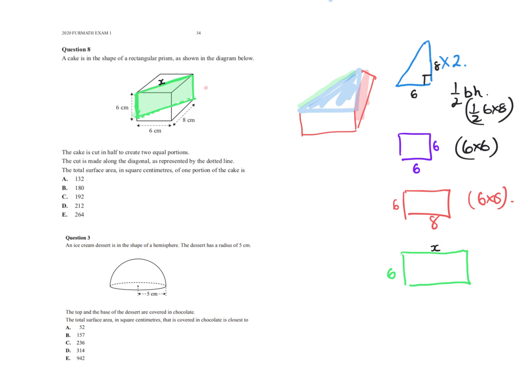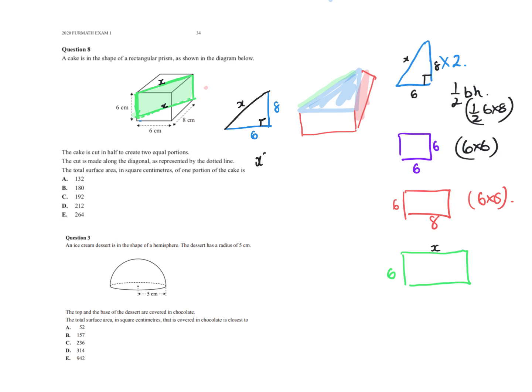Which is also X down there, which I don't know what it is, but I can use this bottom triangle, the one that we had 8 and 6, and use Pythagoras to find out what X is.